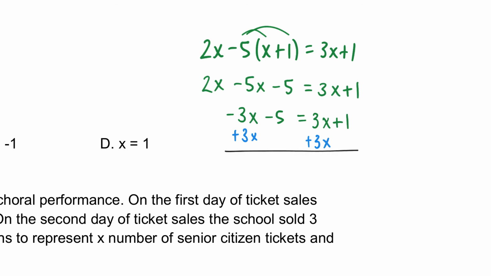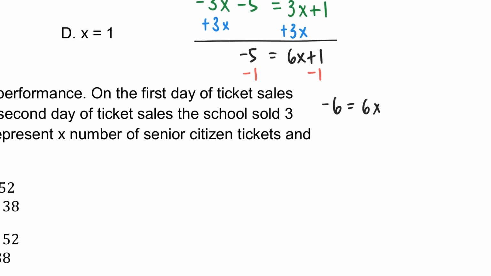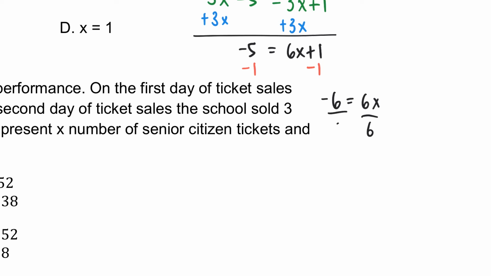So when I do that, I get negative 5 is equal to 6x plus 1. Then I'm going to subtract 1 on both sides, so negative 6 is equal to 6x. And then if you divide by 6, you'll get that x must be negative 1.